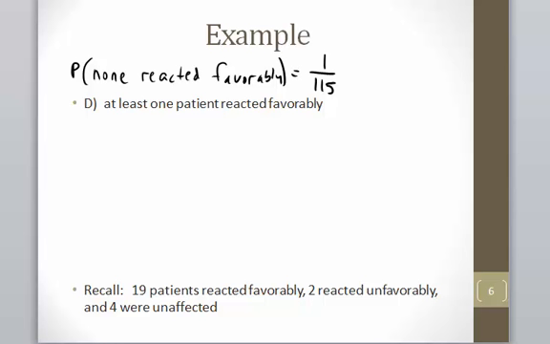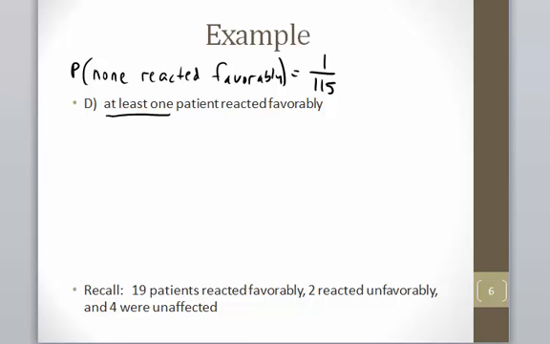Part D says that we want to find the probability that at least one of those patients reacted favorably. So we need to think about what this is asking us to do, because it possibly could be kind of complicated. At least one means 1 or more. So when it says at least one patient reacted favorably, we have a couple of different options that we could consider.